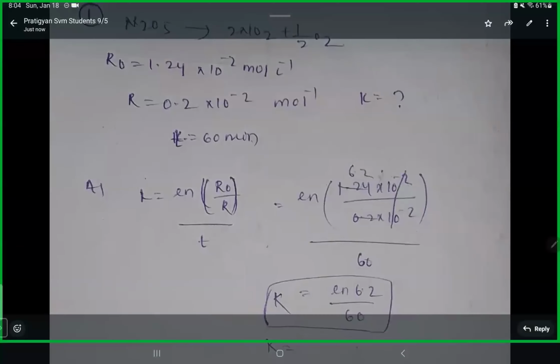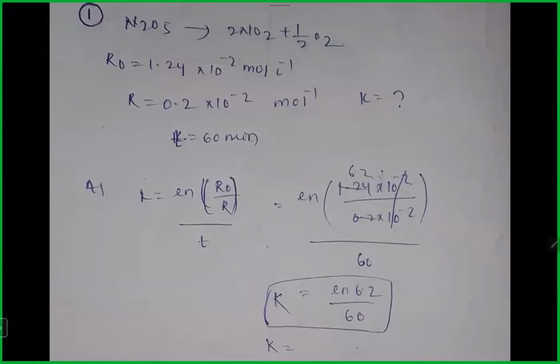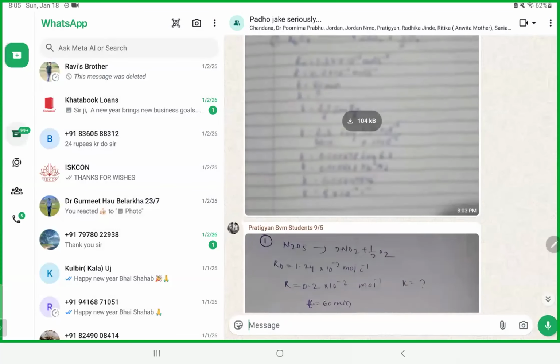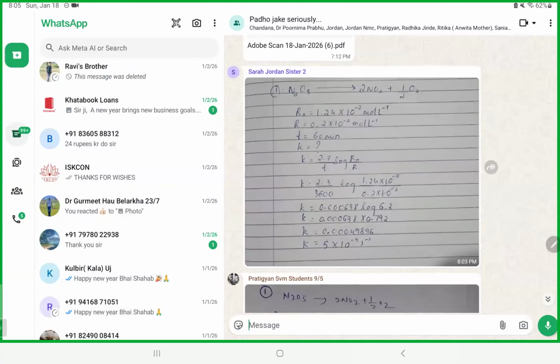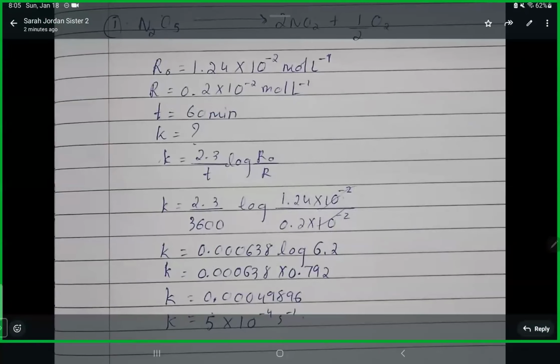Natural log 6.2. Yes, correct. Okay, yeah. Sarah. Log 6.2. Okay.